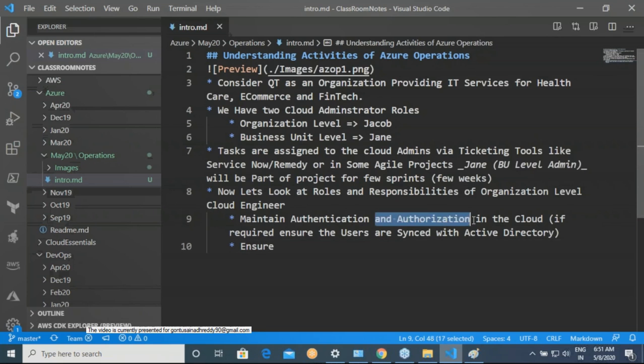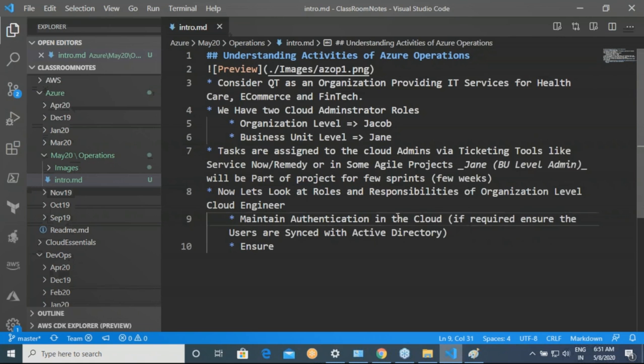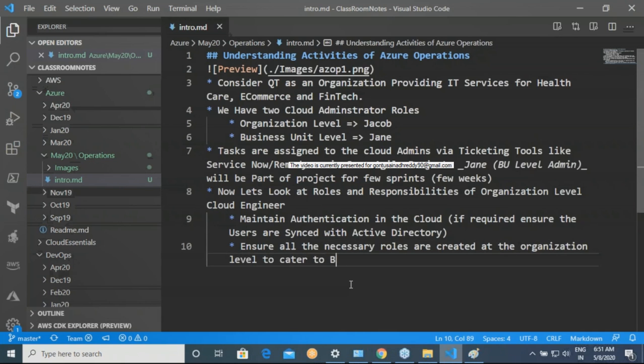I'll put authentication. Ensure all the necessary roles are created at the organization level, to cater to BU, business unit, or project needs.